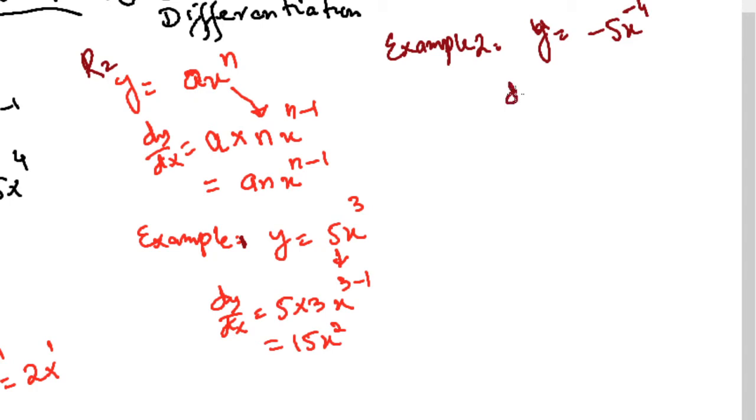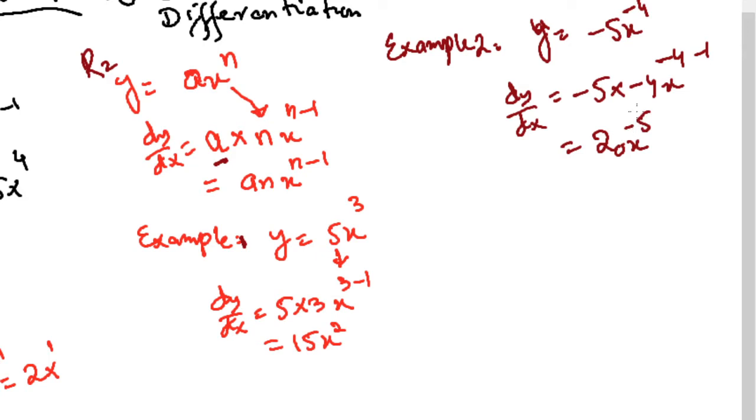Very simple. dy dx becomes minus 5 according to the rule. See, this a is the constant, so it remains there, and minus 4 comes here, so into minus 4, the power comes to the coefficient and the power is decreased by 1, so minus 4 and minus 1. The result becomes 20x power minus 5. That is the derivative for this function.